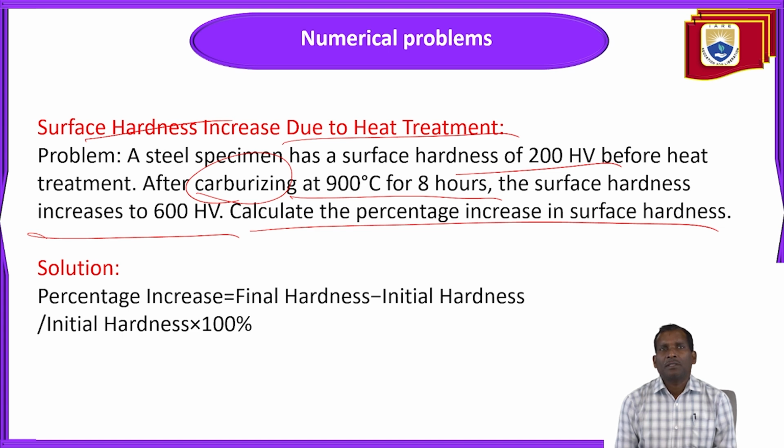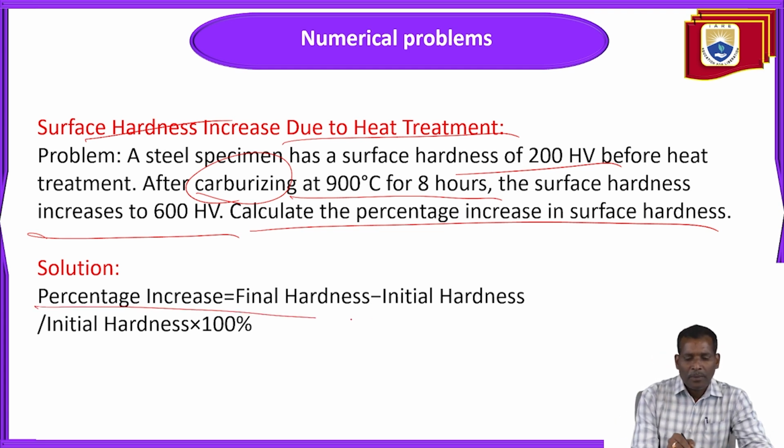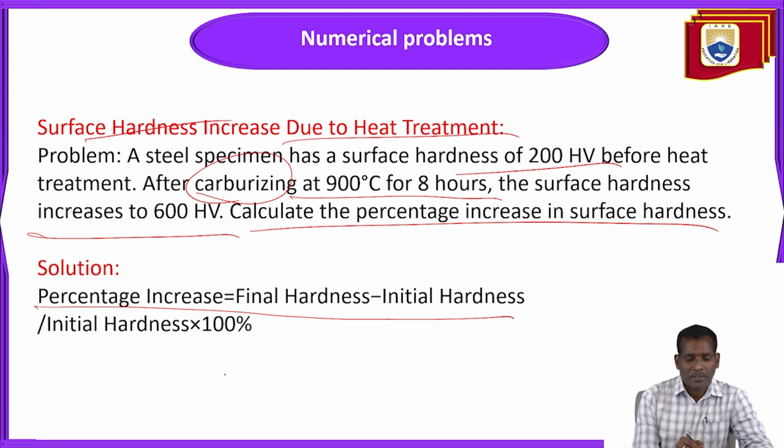So the solution is: percentage increase is equal to final hardness minus initial hardness upon initial hardness multiplied with 100.